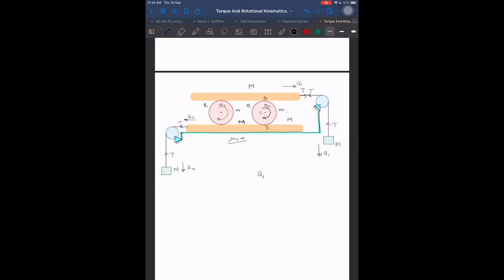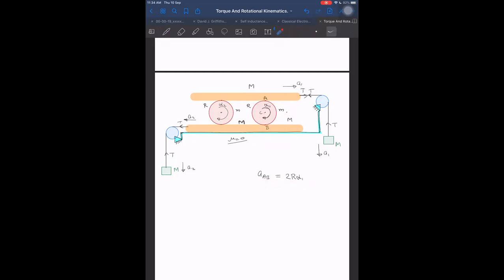I think it is better to do it by AB, because I know their accelerations. So the acceleration of A with respect to B will be 2R alpha 1. What does it mean? We are taking B as a center and assuming A to be moving around B. And what will the radius be? 2R will be the radius and 2R alpha will be the acceleration. So I am able to write this directly.